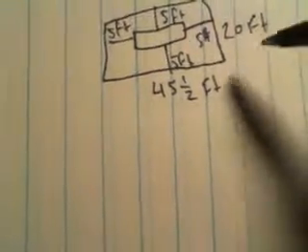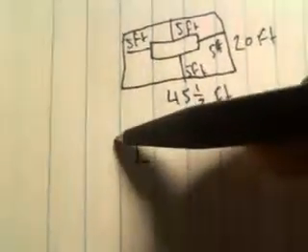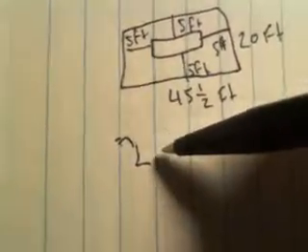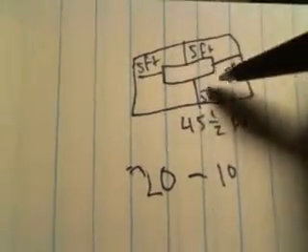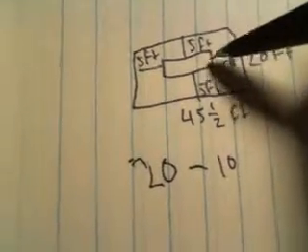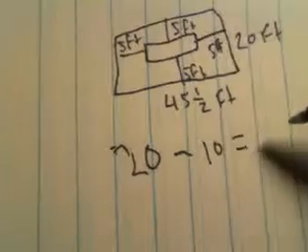So all we need to do is just subtract. So 20 feet represents the width of the entire backyard, and we're going to subtract 10 because that represents the part that the grass takes up, and then that will give us the width of the swimming pool. So that's simple enough. That's 10 feet.